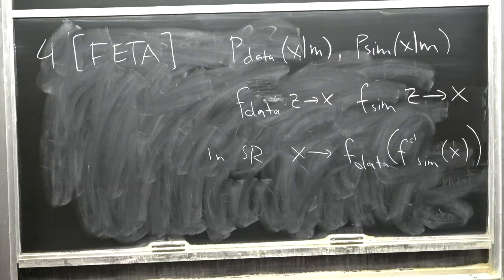This is a way of correcting the simulated data, just like SALAD, but instead of reweighting, it morphs it. So it's moving instead of reweighting, and there are pros and cons of moving versus reweighting, but this just illustrates that it goes beyond the reweighting paradigm.